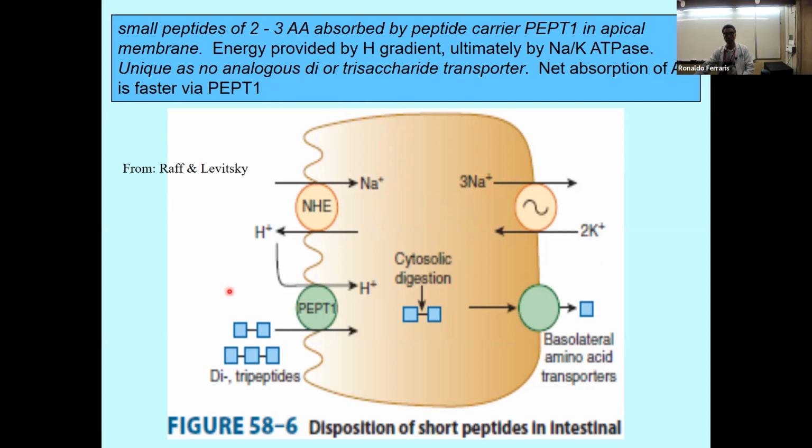So basically, this di and tripeptide is recognized by this protein that's called PEPT1, peptide transporter 1, because there's another peptide transporter in other organ systems.